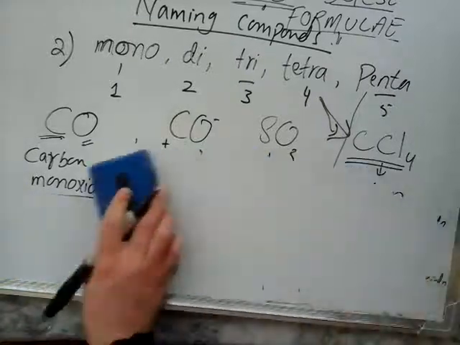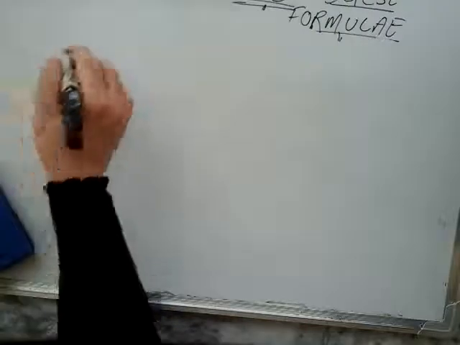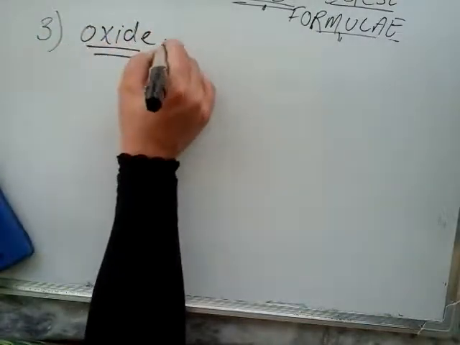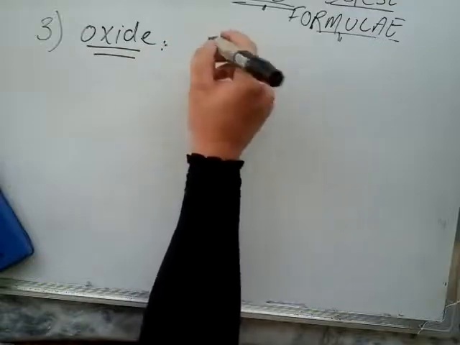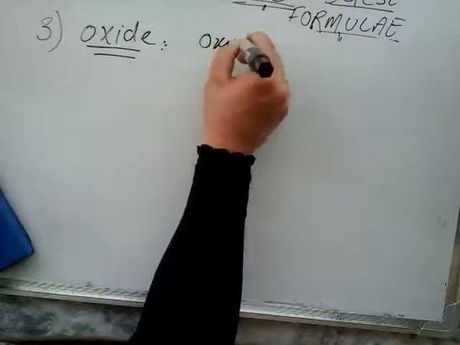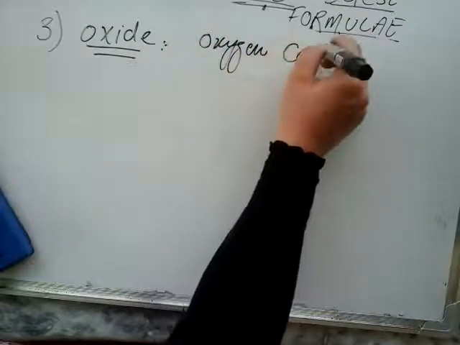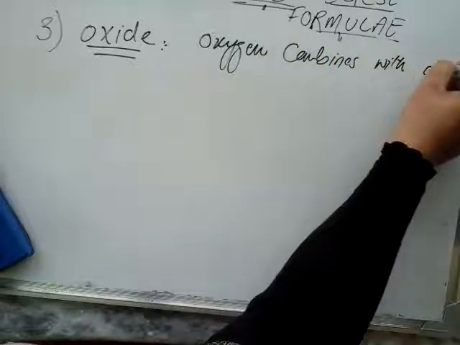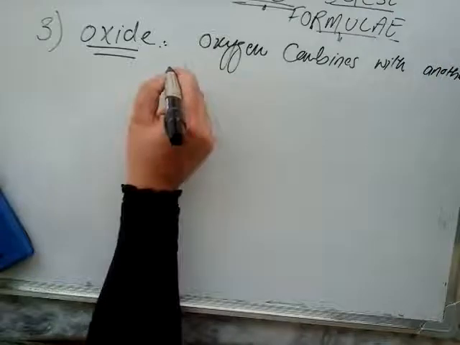Okay. The third rule that you need to keep in mind is the name of oxide. What is oxide? Keep in mind that oxide is when oxygen combines with another element.